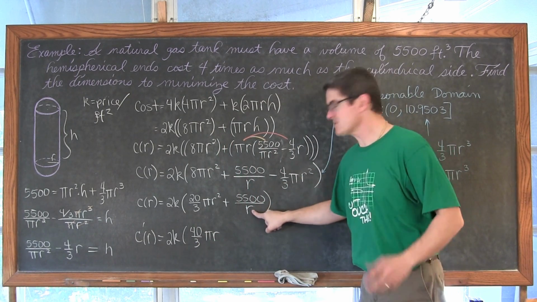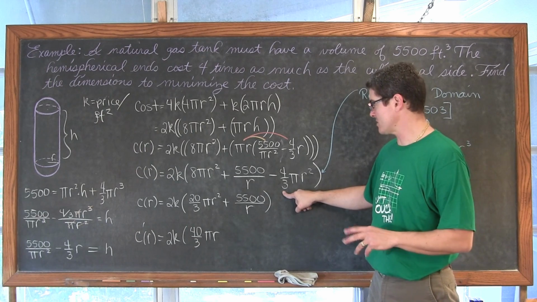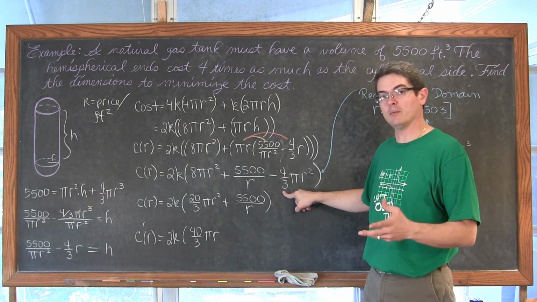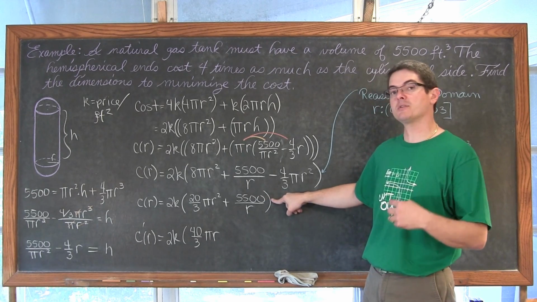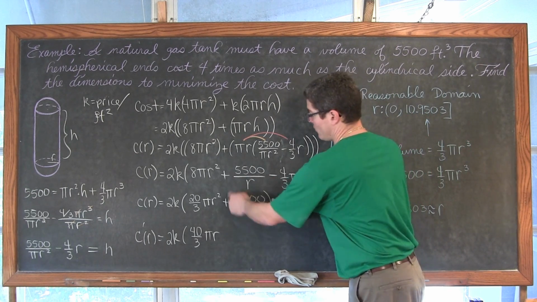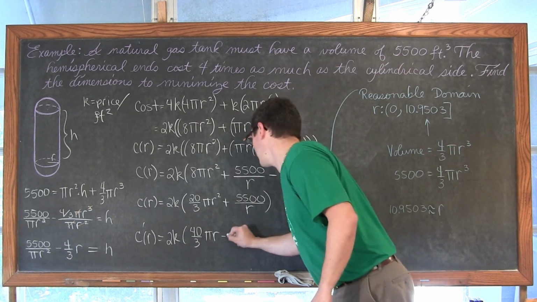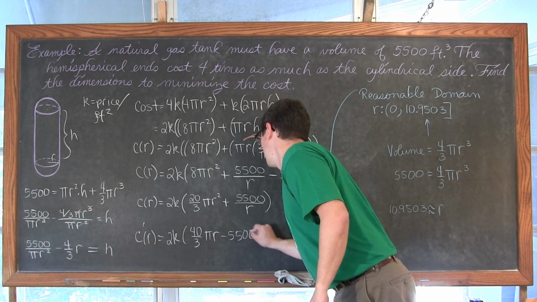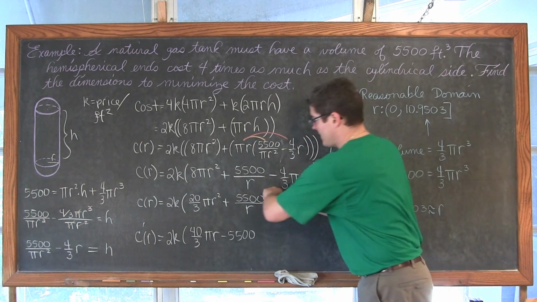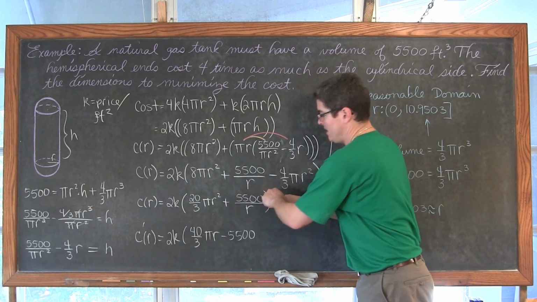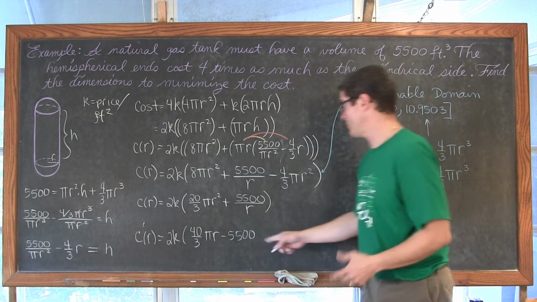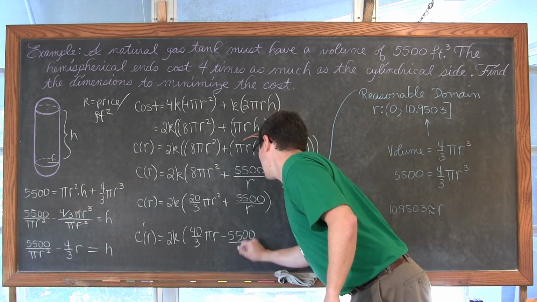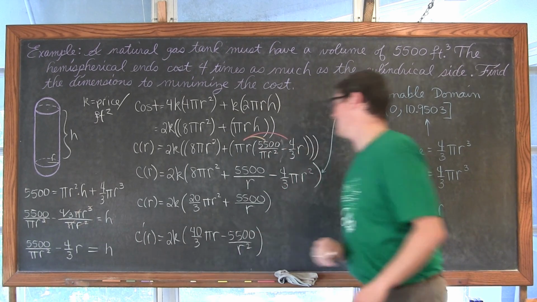Now if I let this r float up, I can use the quotient rule, or I can let the r float up and get 5,500 times r to the negative 1. We drop that negative 1 down, reduce the exponent by 1, negative 1 minus 1 is negative 2, and so we end up with minus 5,500 over r squared.